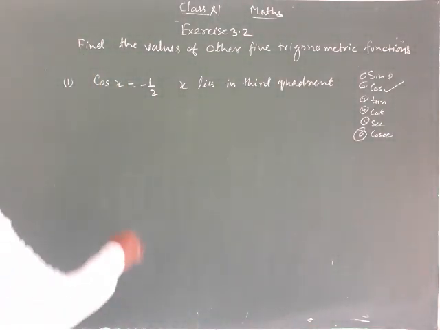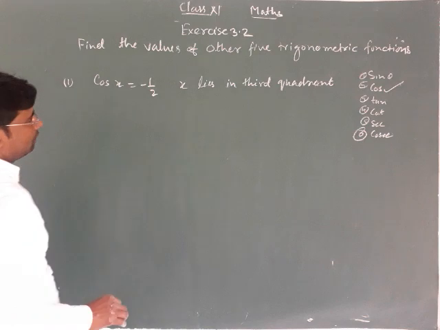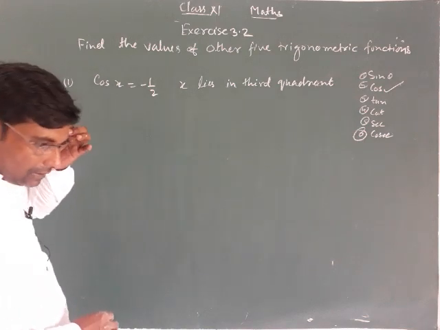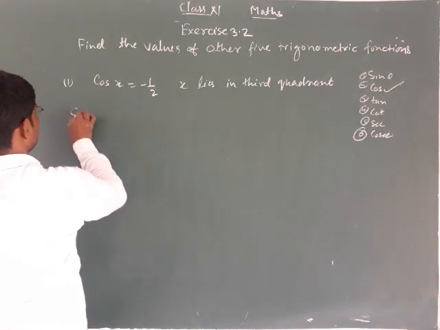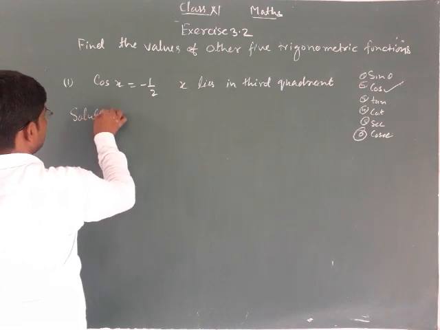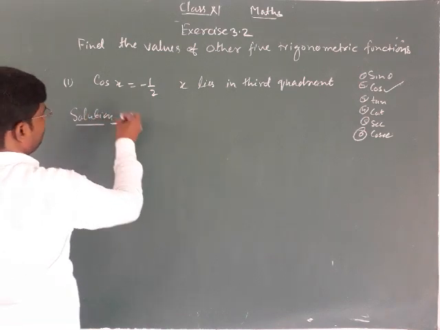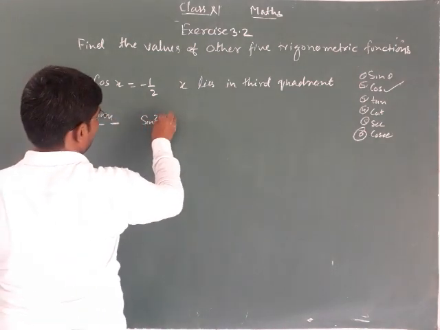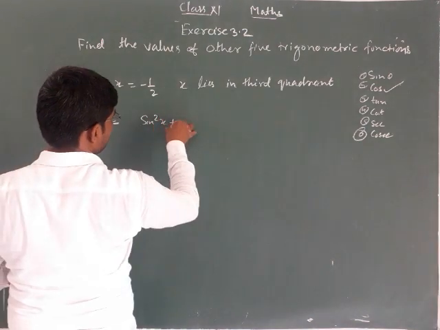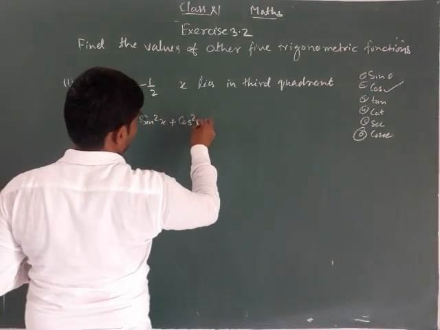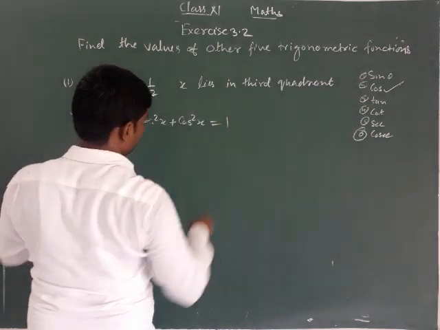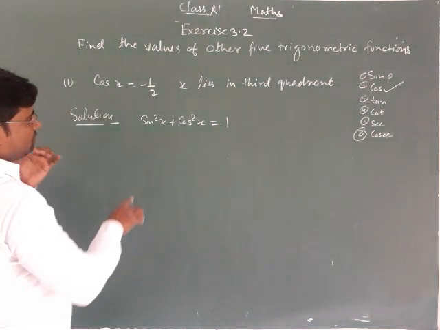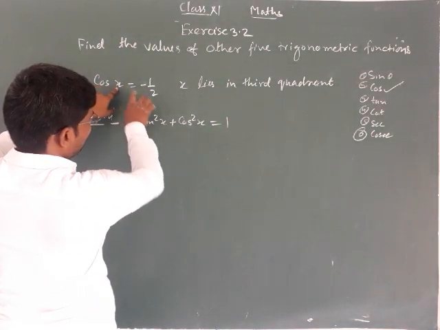Now the solution of this question. We know the identity sin square x plus cos square x is equal to 1. Now put the value here.